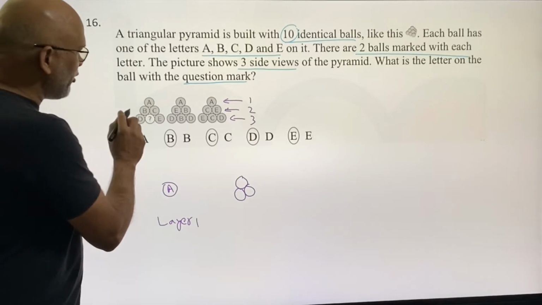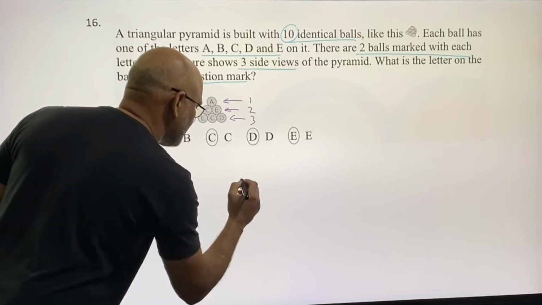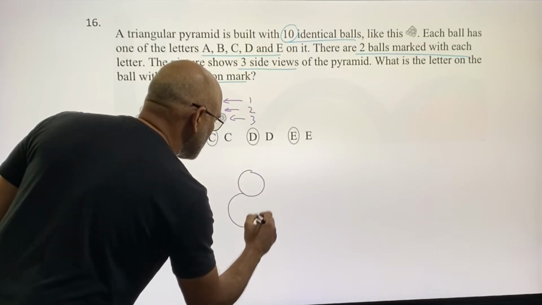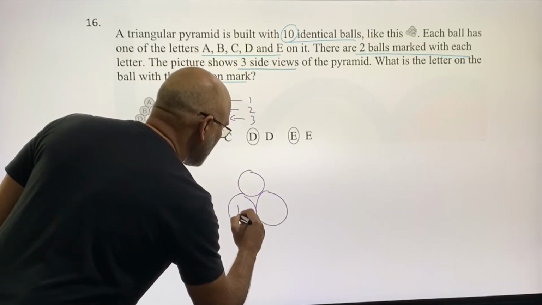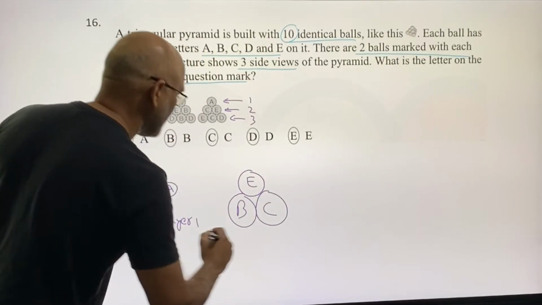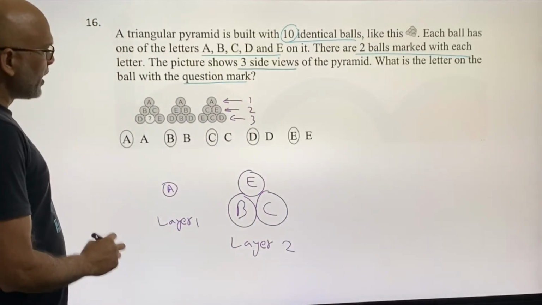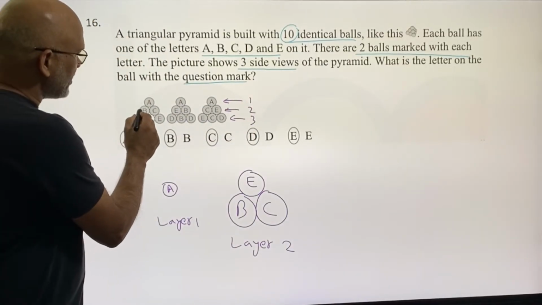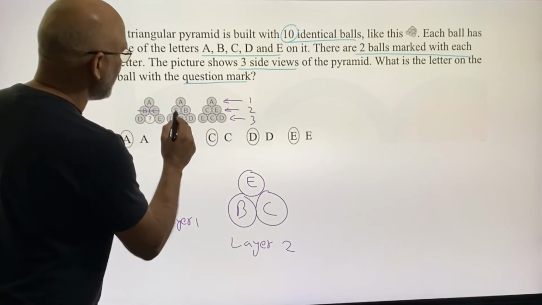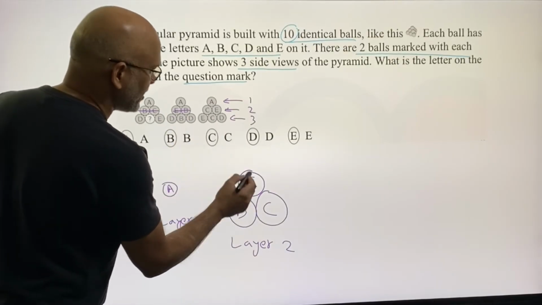They will be B, C, and E. Let me draw it bigger. So this is layer 2. You can see that this is BC, BC, EB, EB, CE, CE.